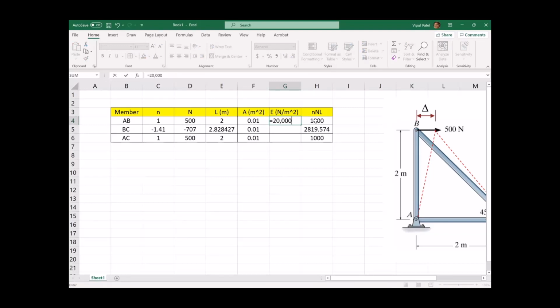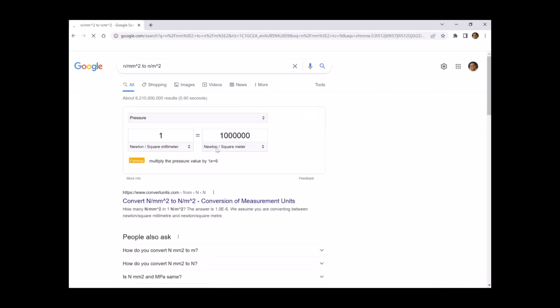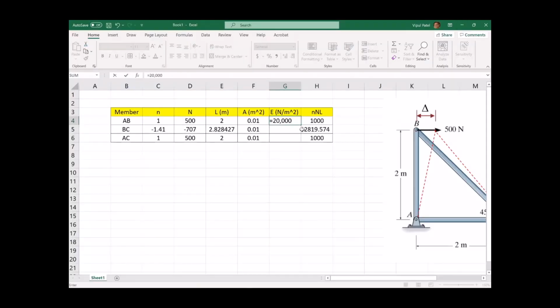Then you need to convert this. We need to have 20,000 Newton per millimeter square, so to convert that to Newton per meter square, you multiply by 1000 and multiply by 1000 to convert into Newton.